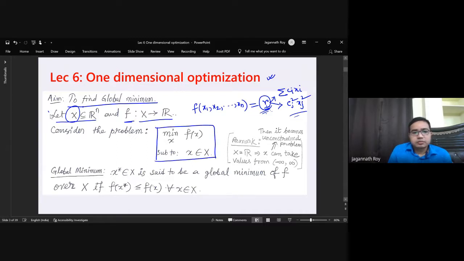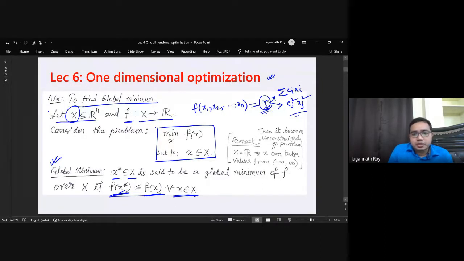So we call it a global minimum. X star is a global minimum if it satisfies this relation for all x from the set capital X: the functional value at x star is always less than or equal to the values at all other x.